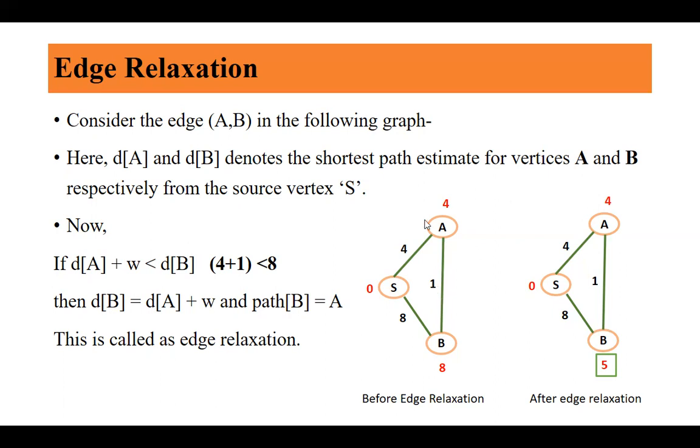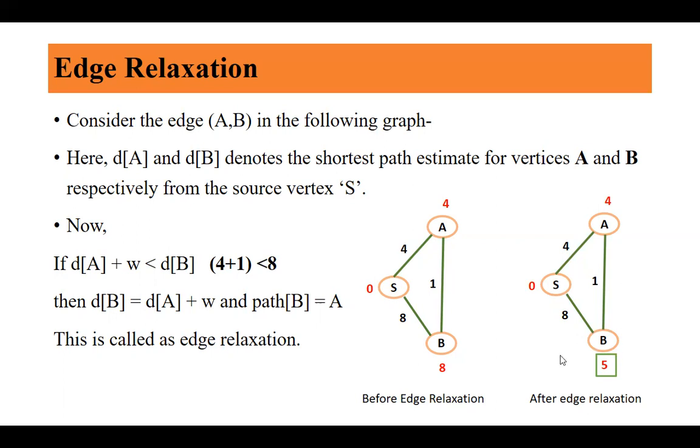The total is 4 plus 1, that is 5, which is less than the current distance of B, which is 8. So you update this. Instead of source to B, the path for B will now be source to A to B, and the distance will be 5 instead of 8.